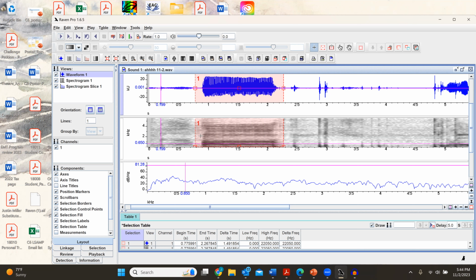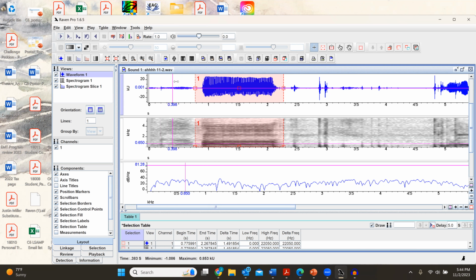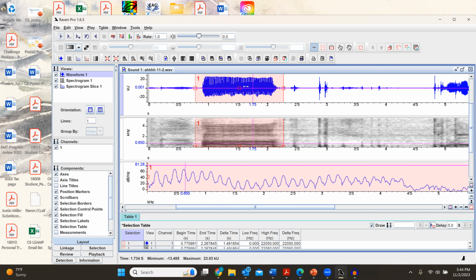Well, what we want to be able to do is zoom into the ah sound and be able to see some things. So first off, I'm going to take my spectrum slice locator line so I can see what the spectrum looks like. And I want to find a portion here where it's a nice clean spectrum. Notice that my spectrum changes.